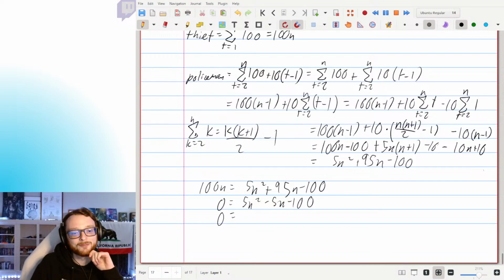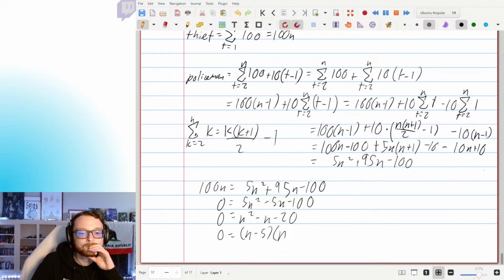Divide out a 5. That'll make this clear. Oh, this 6 does not solve this. I'm getting 5. That's so annoyingly close.